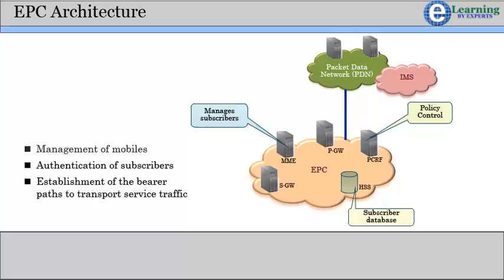The PGW is the mobile's IP address anchor and the gateway between a PDN and the LTE EPC. The SGW, in addition to being a router, is the local mobility anchor, so as a UE moves from one ENB to another, the bearer traffic will get switched at the SGW.